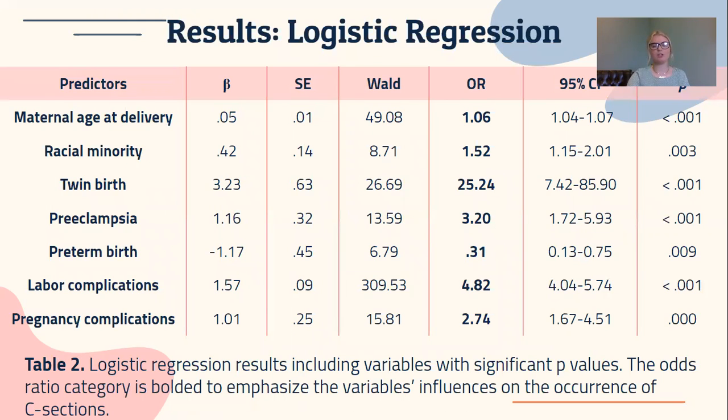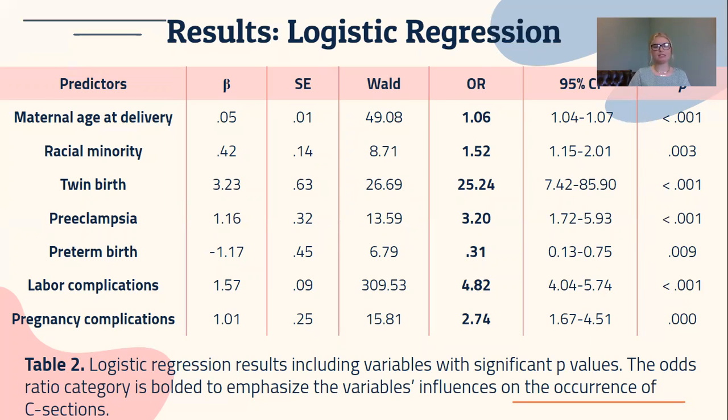And in this graph, you can see that the bolded column shows the odds ratio, and this shows the maternal age at delivery, racial minority, twin birth, preeclampsia, preterm birth, labor complications, and pregnancy complications. And these were the 7 variables that were significant with their p-values.